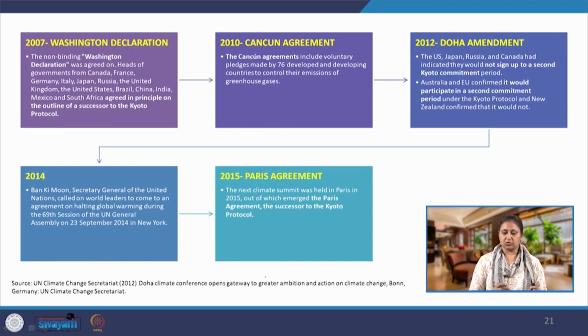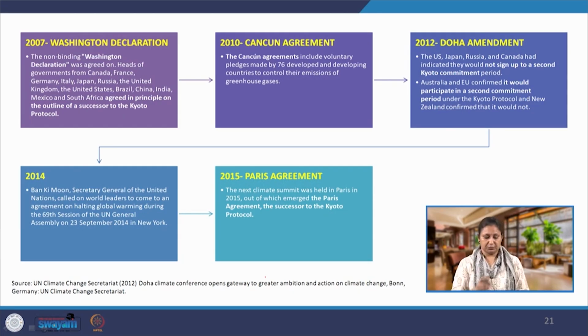In between, from adopting the Kyoto Protocol, we have already seen in the history when we were talking about UNFCCC, the different Conferences of Parties and the major takeaways from those COPs: the 2007 Washington Declaration, the Cancun Agreement, the Doha Amendment extending the second commitment period, and then 2014, finally coming to the 2015 Paris Agreement, because the Kyoto Protocol's period would end in 2020.